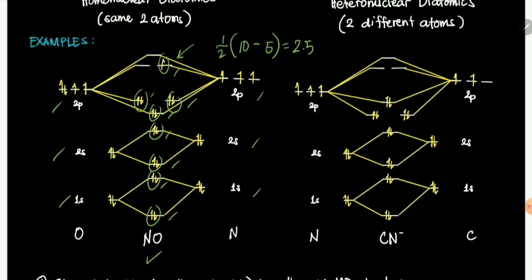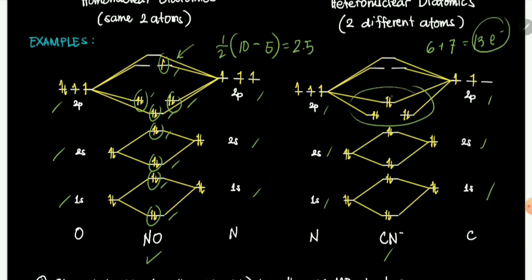Okay? So for the next example, we have the cyanide. So makikita natin na yung mga atomic orbitals ng inyong carbon ay mas mataas kaysa doon sa nitrogen naman. Since CN contains only, so yung inyong carbon ay may 6, okay? Tapos yung inyong nitrogen ay 7, so that's 13 electrons. Meron siyang sp mixing. Okay? So for the bond order, we could calculate that's 1/2 times 2, 4, 6, 8, 10.